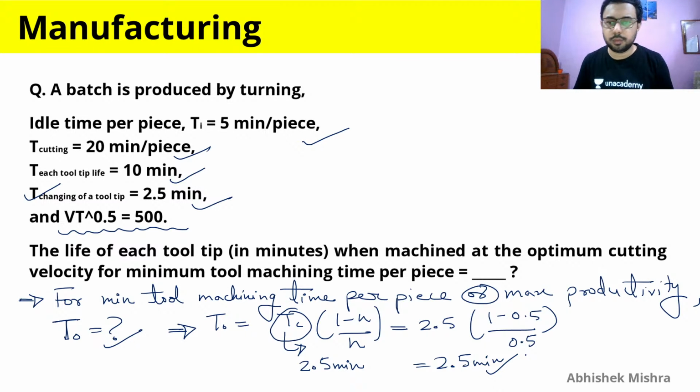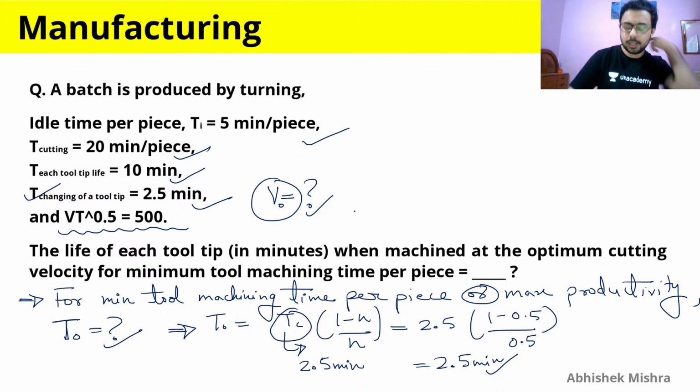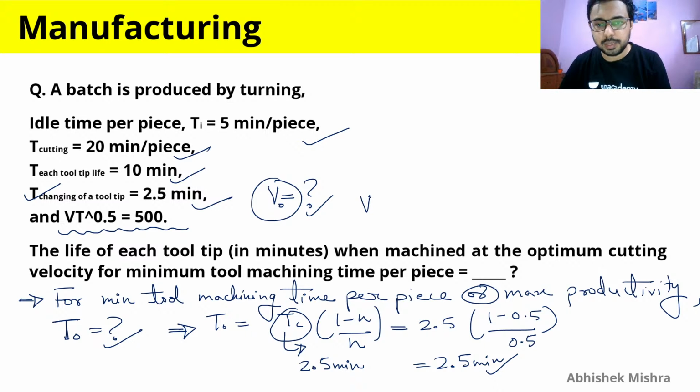So we can also calculate here the optimum velocity for this much of time, that is 2.5 minutes. So optimum velocity will be simply V T naught raised to the power 0.5 is equal to 500, and T naught we have calculated as 2.5 minutes.